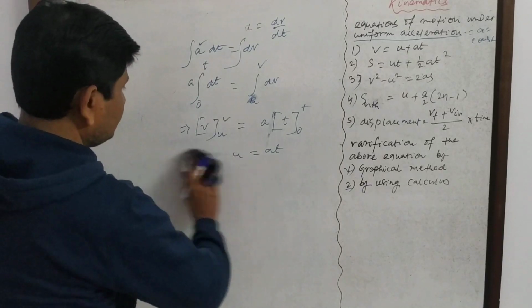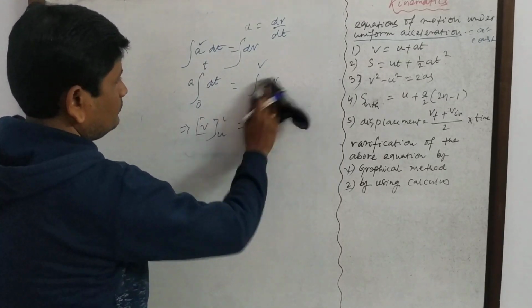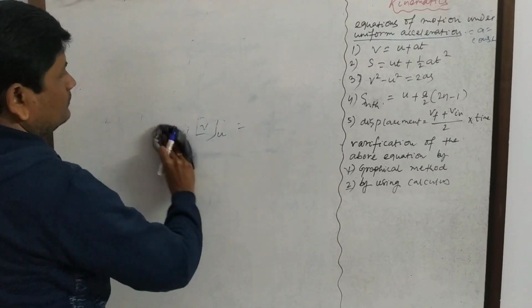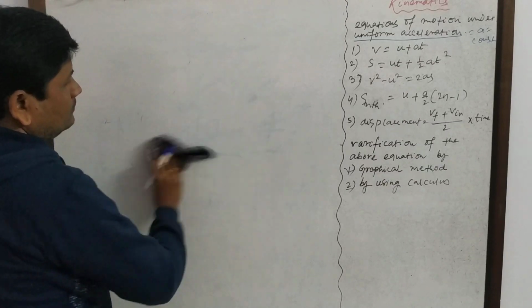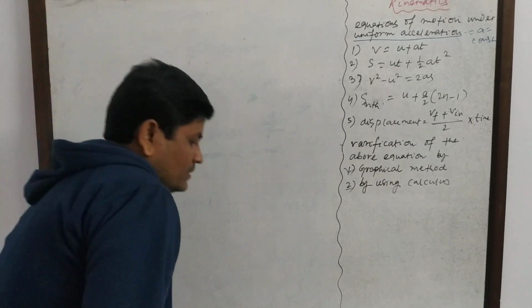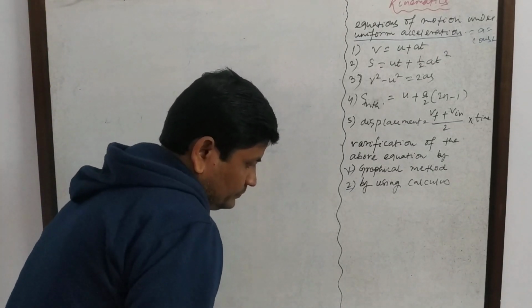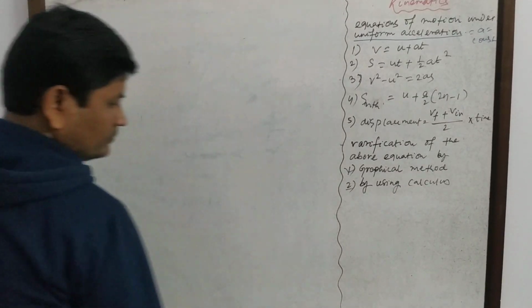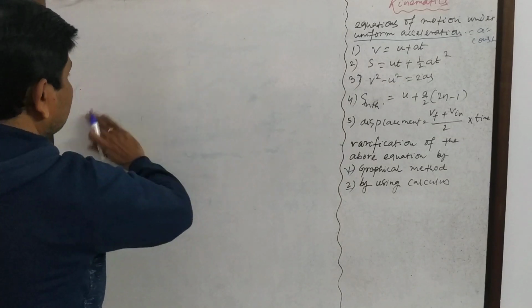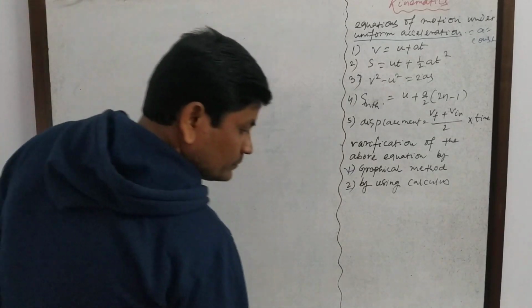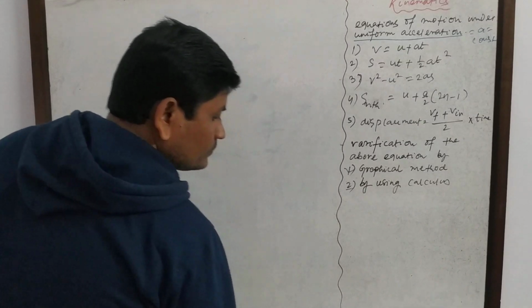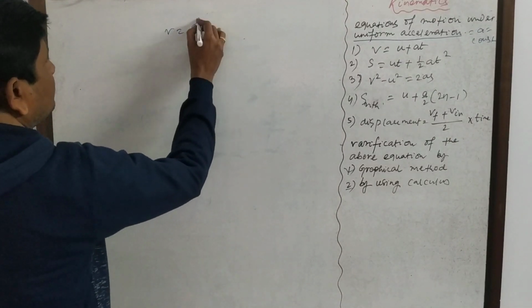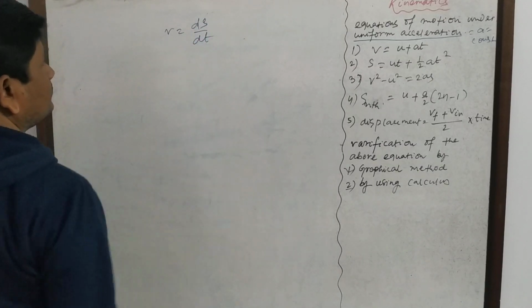Okay, now we'll discuss V is equal to ds by dt.